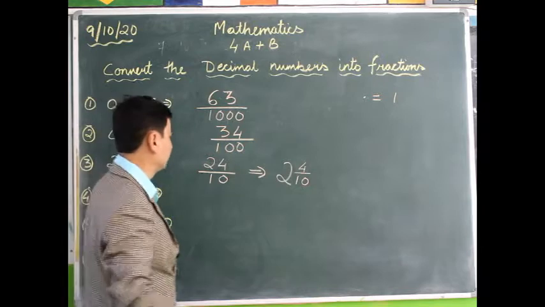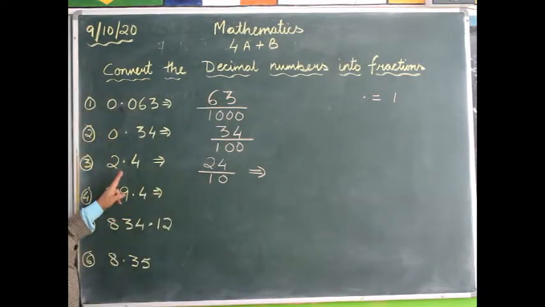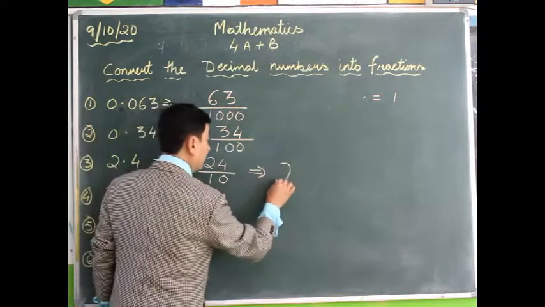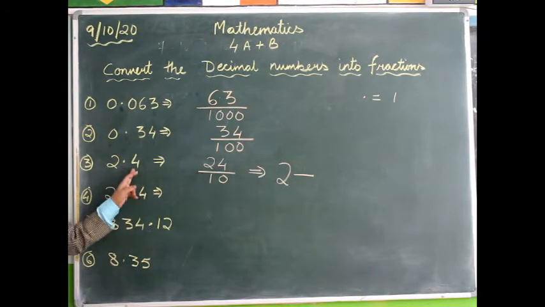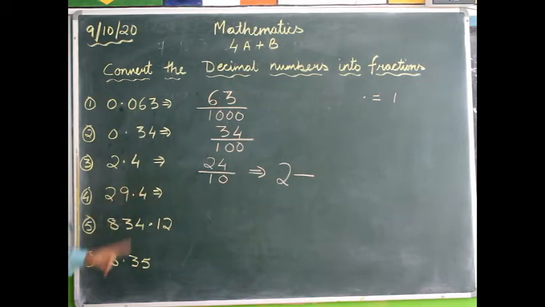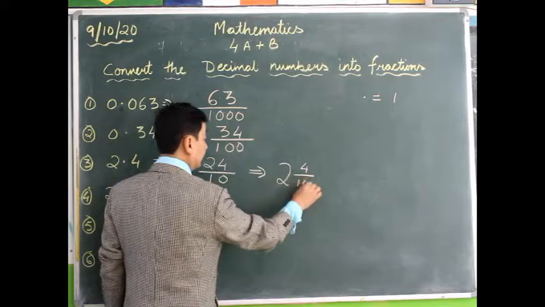Again, let's have a look. This one was easy. Whatever numbers are before the decimal point, those are the whole numbers. And the place value of this is 4 tenths. How much? 4 tenths.